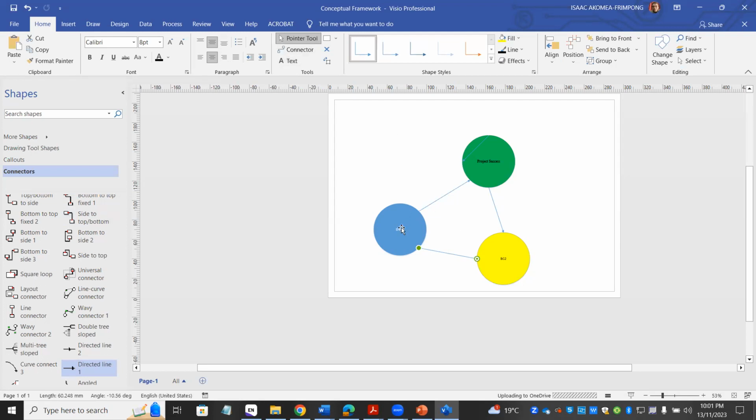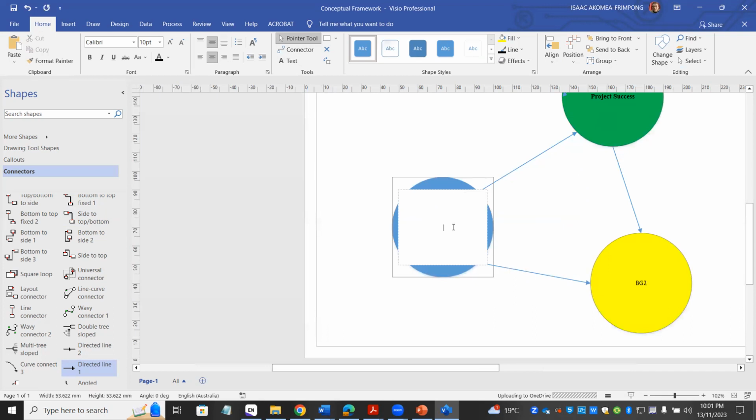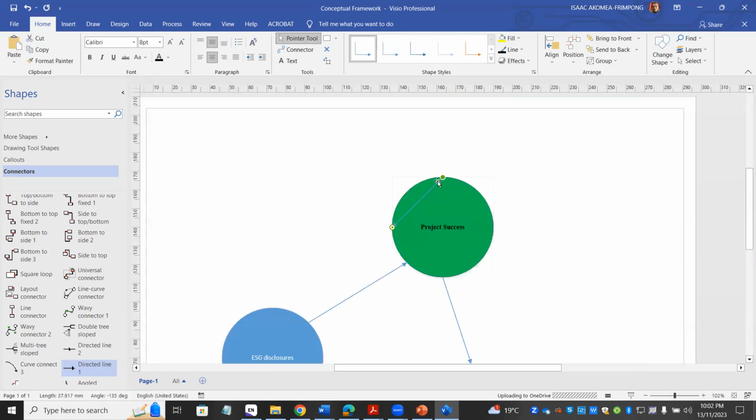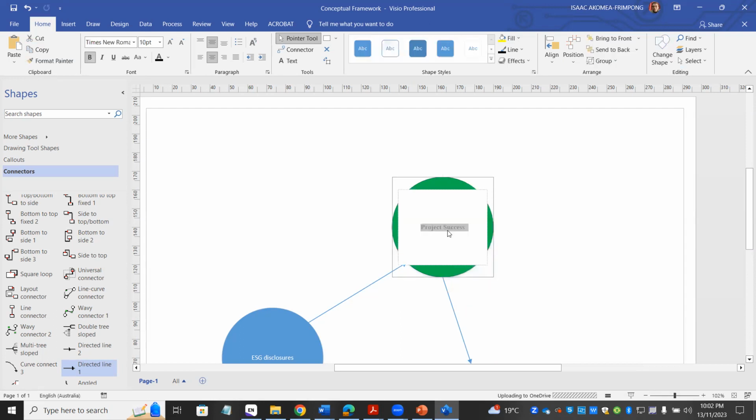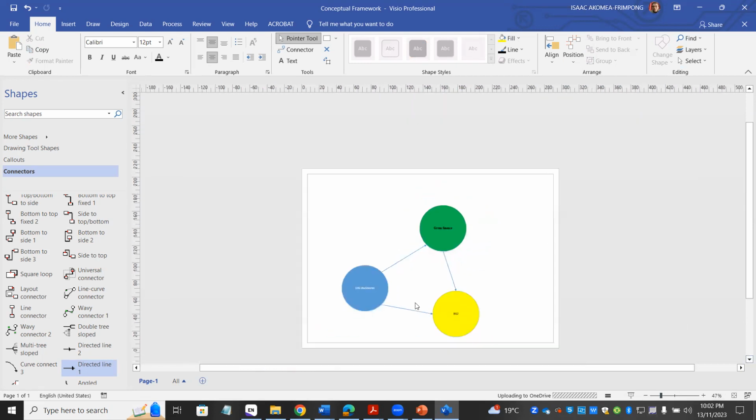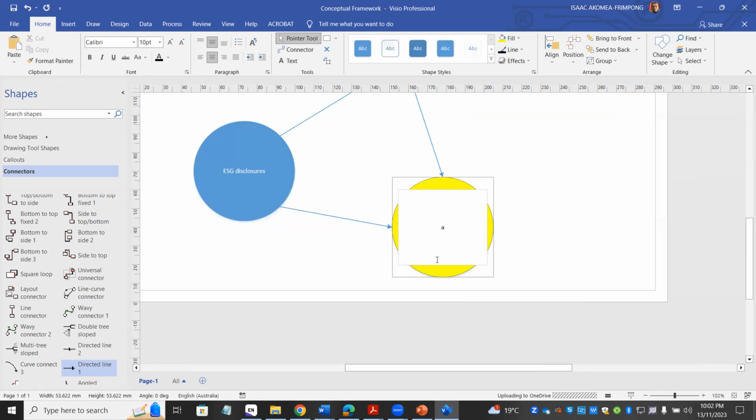I'm hypothesizing that ESG disclosures have an impact on green finance, and green finance has an impact on project performance, in the context of a construction project simple.